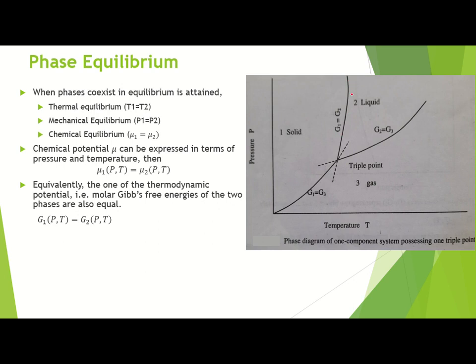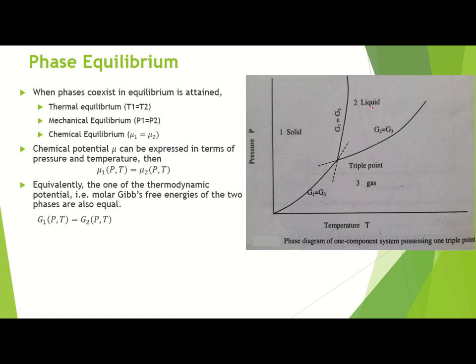So along this curve, at all the points, that means at all the pressures and temperatures along this curve, we can have phase transition. And apart from the pressures and temperatures, we will also have the Gibbs free energy of phase 1 equal to Gibbs free energy of phase 2. That is what the equation of this curve represents.